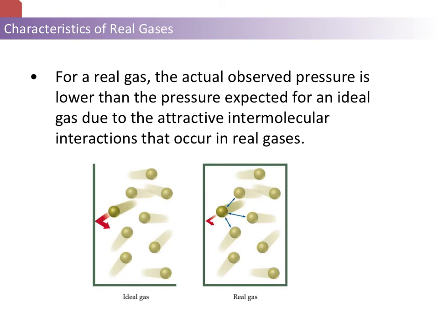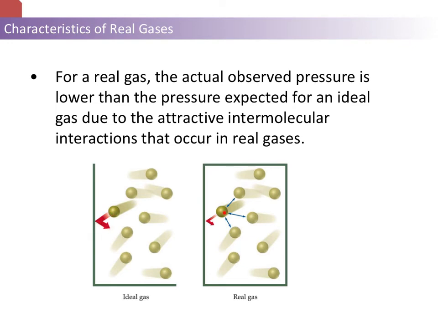As you can see in this picture and the caption, it says that the actual gas, the real gas, the actual observed pressure is often lower than the pressure exhibited by the ideal gas, because these gas particles attract one another. Without the attraction, the pressure due to the colliding particles with the container in the ideal gas is much larger. You can tell by the thickness of this vector.